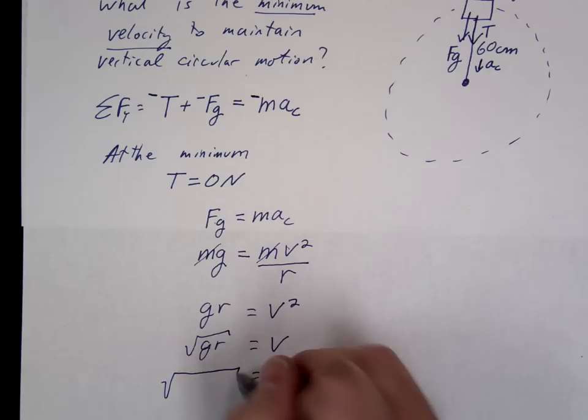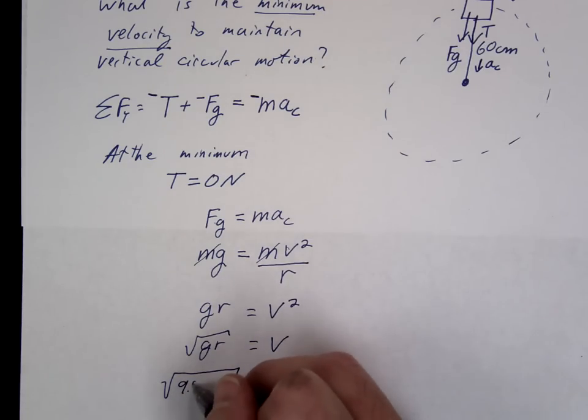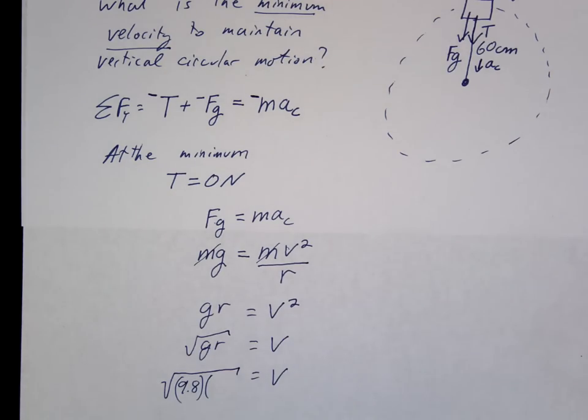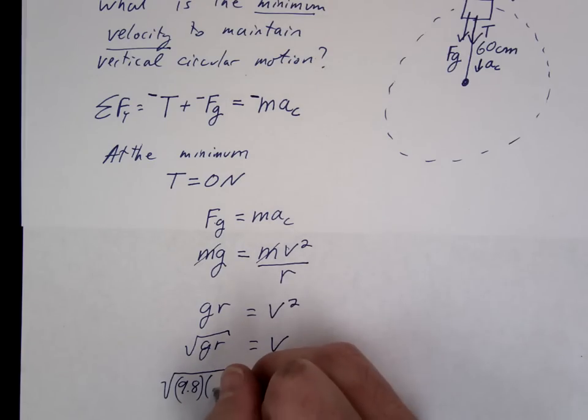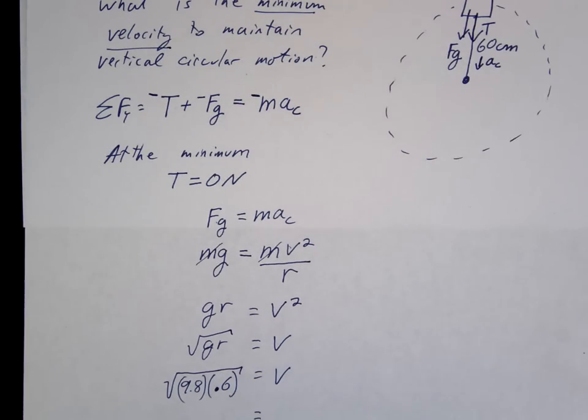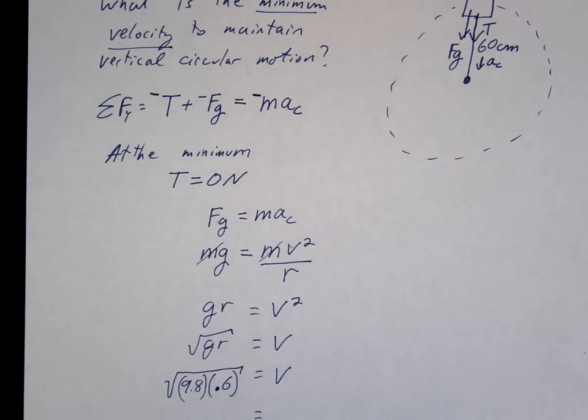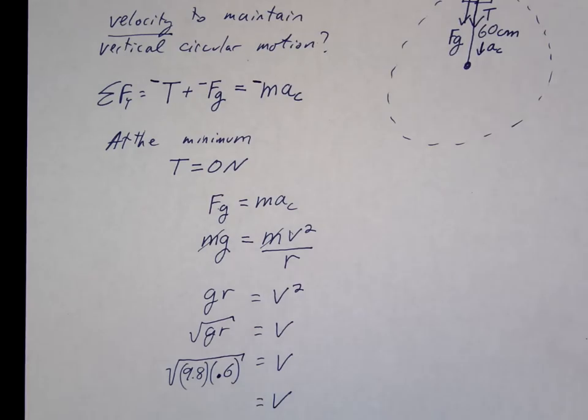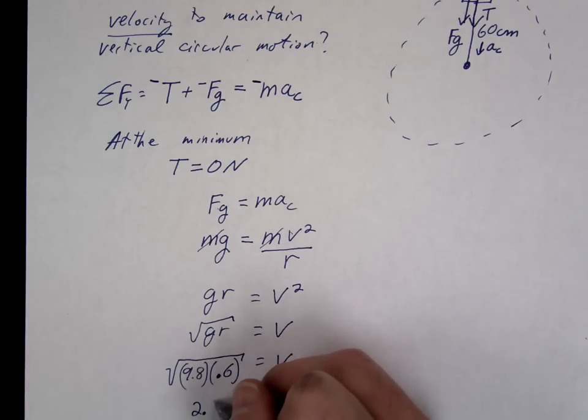For this problem, I did give you some numbers. Little g is little g, and r was 60 centimeters, so don't forget to convert it to 0.6 meters. The answer is about 2 point something, 2.42.